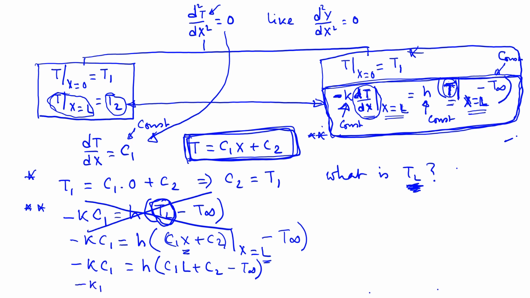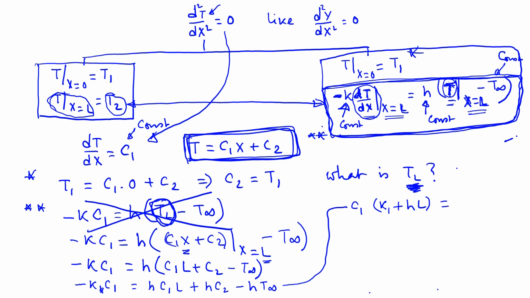Minus k C1 is equal to h times C1 L plus h C2 minus h T infinity. And so we solve for C1: it is minus k plus h L times C1, bringing C1 on this side, and then bringing the rest of it on the other side, h T infinity minus h C2.